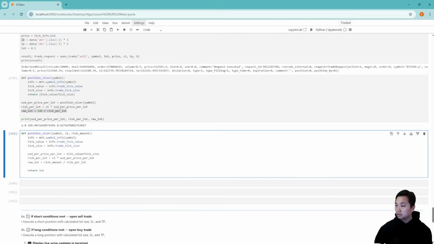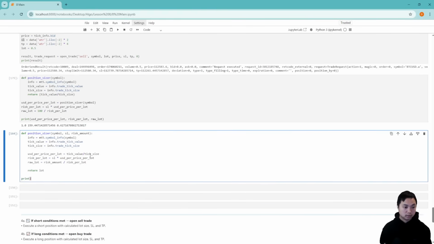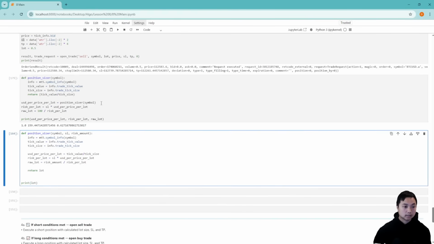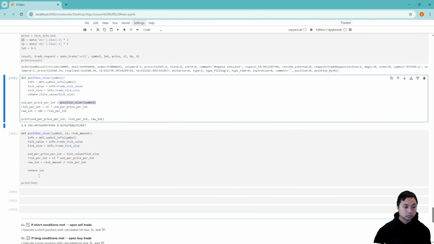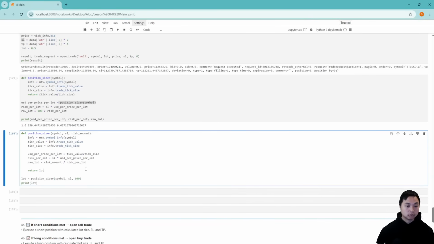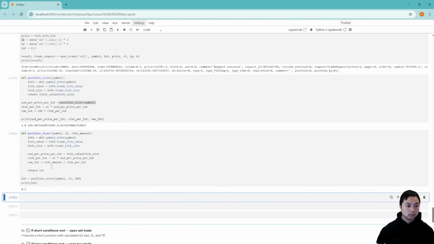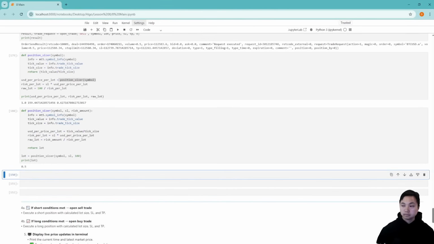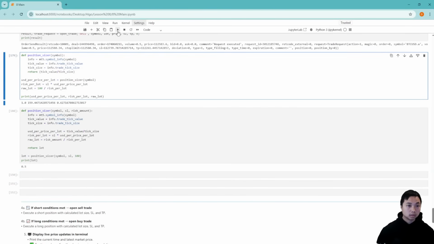Packaging, just integrating everything that we have here back into the function. Let's execute this. Position sizing, we have the stop loss, and we would like to take the balance for risk.